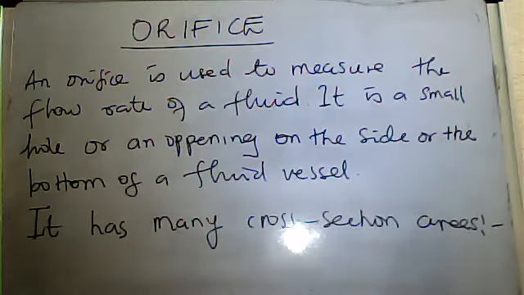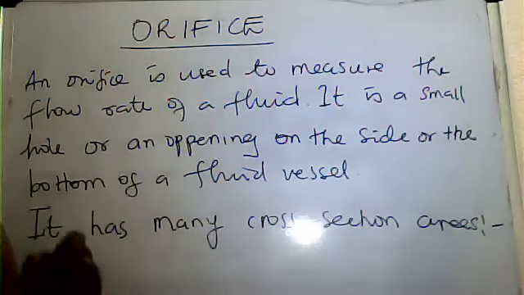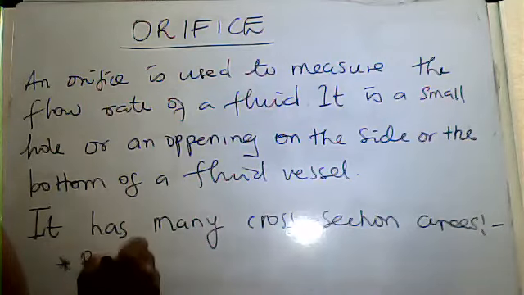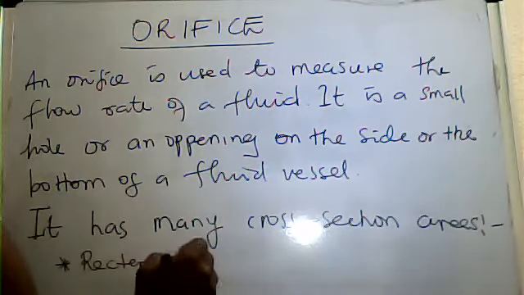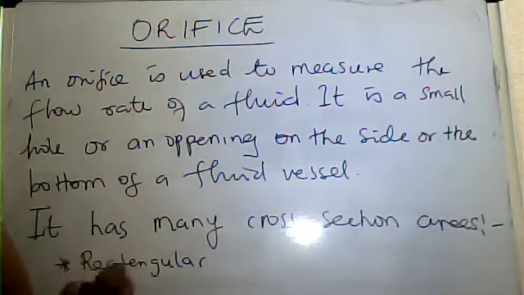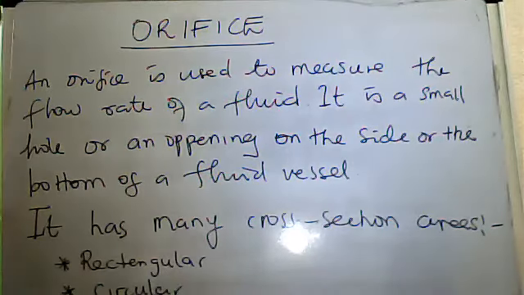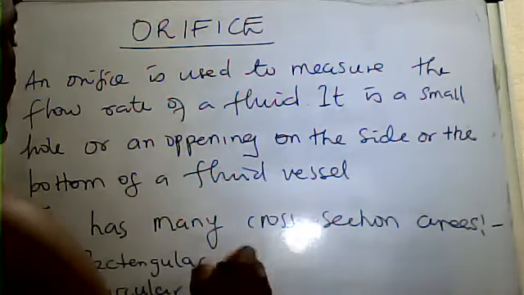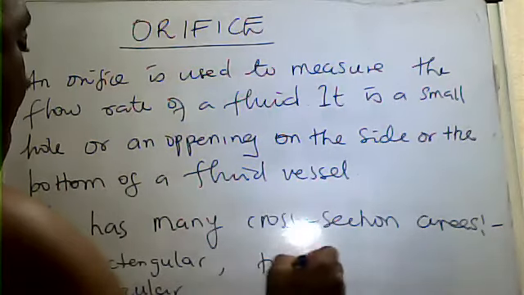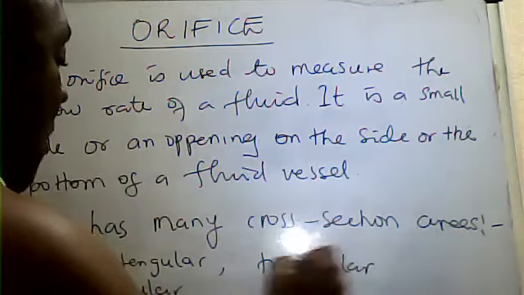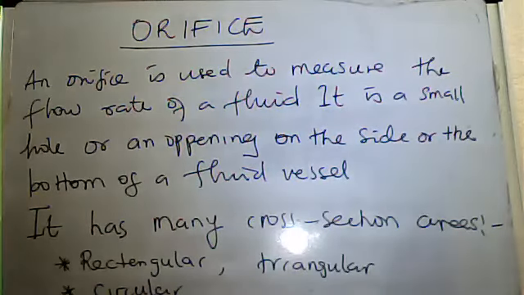These cross-sectional areas can be rectangular, circular, or triangular. That's the definition of an orifice.